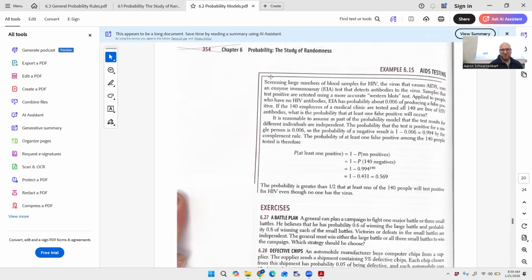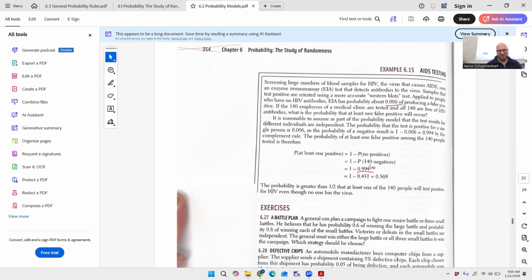If 140 employees at a medical clinic are tested and all 140 are HIV free, what is the probability of at least one false positive? Well, it's 1 minus the probability of no false positives. And if you have someone with HIV in your health clinic, it becomes a lot more scary because the transmission rate in healthcare becomes a lot higher, right? So you take 0.994, so it's only 0.006, but we got to use the complement.